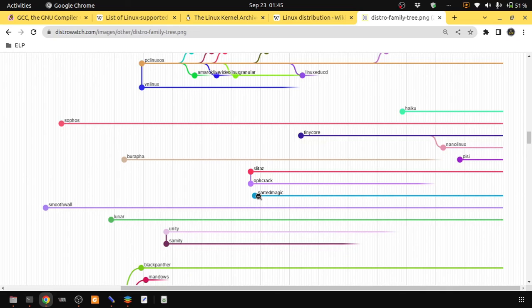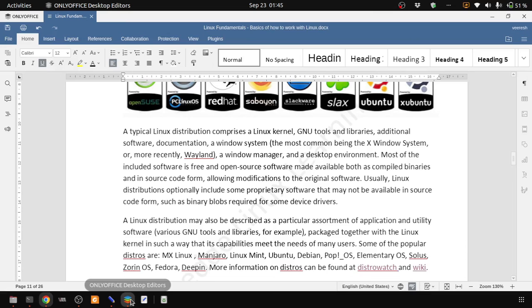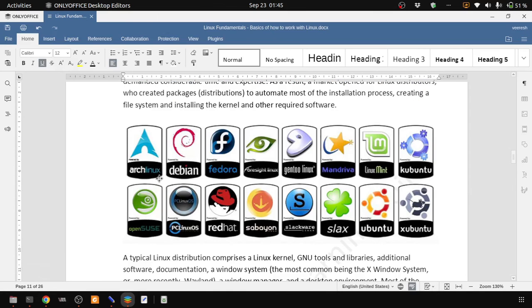As I know, a lot of programmers use Arch Linux because Arch Linux gives you a lean installation, and you can configure and install or control everything that needs to run on your system.